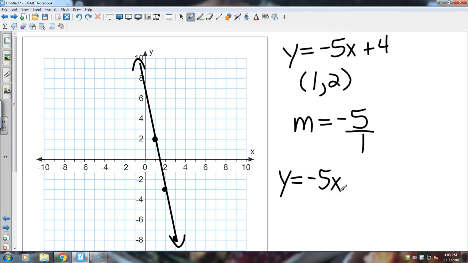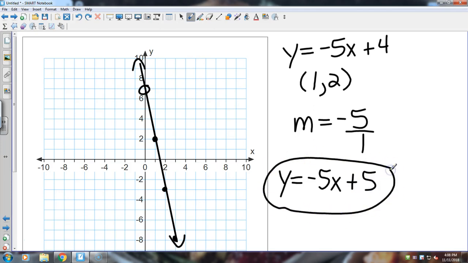And now we need to see what its y-intercept is. And it appears to me that it crosses right there at 5 spaces up on the y-axis. So the equation ends up being y equals negative 5x plus 5. And that should do it. That's chapter 4, section 3, equations of parallel and perpendicular lines.